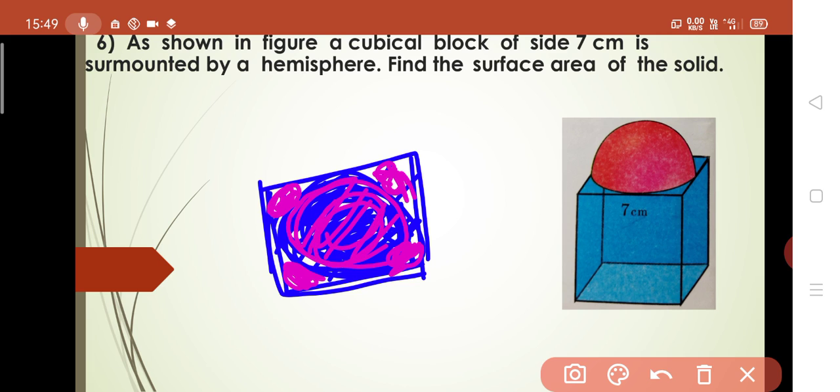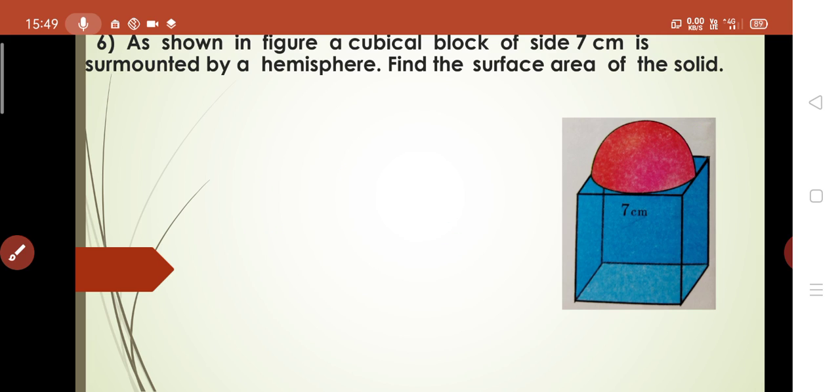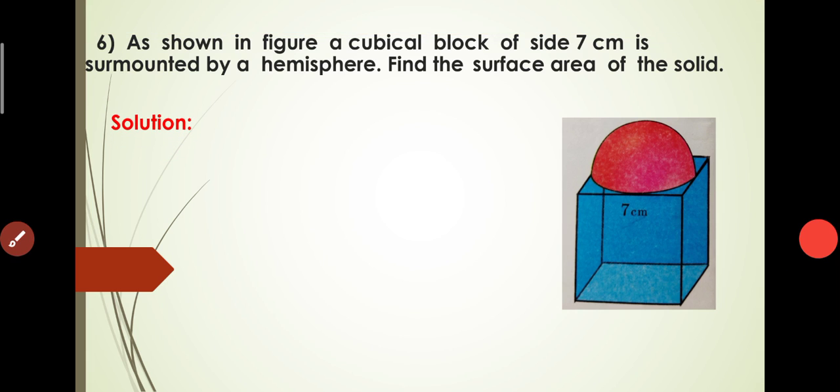This is nothing but the base area of the hemisphere. So find the base area of the hemisphere, and if you subtract it from 6a square, automatically you will get the area of the 5 faces plus the area of this portion. Understand, children?